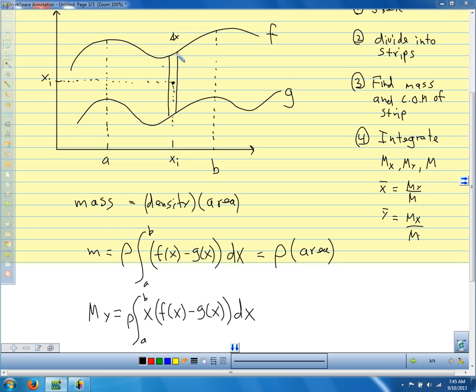We know the y-coordinate of the top of the rectangle, that's f of x. We know the y-coordinate of the bottom of the rectangle, that's g of x. How do we find the point that's in the center? If we have x1, y1, x2, y2, how do we find the midpoint of that segment?